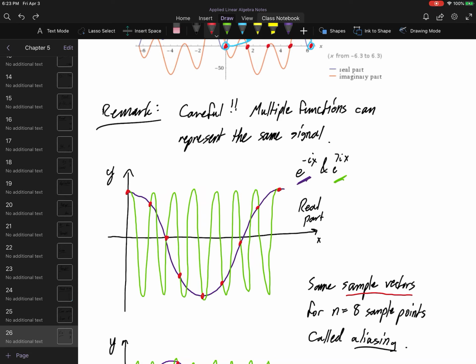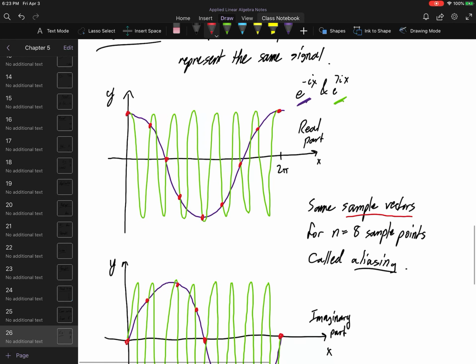But do be aware that multiple functions can represent the same signal. I have a very low frequency term here, e to the minus ix, and I have an e to the 7ix as well, and I've sampled these functions at 8 equally spaced points between 0 and, I'll mark it here, 2 pi.